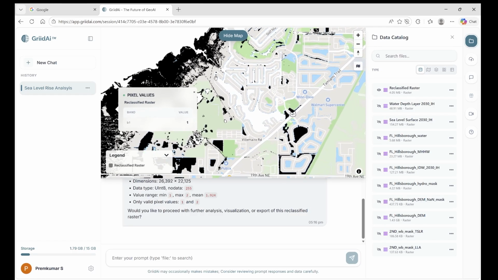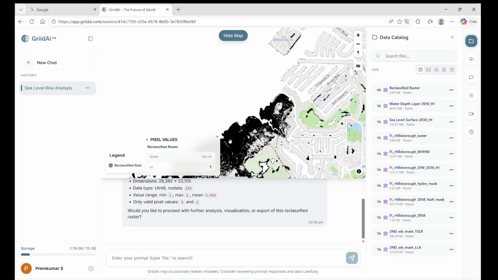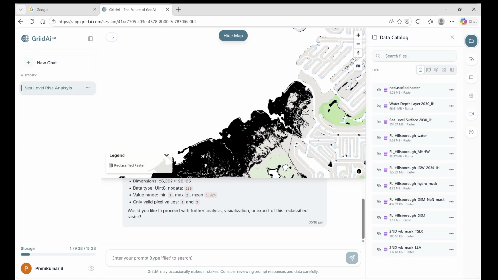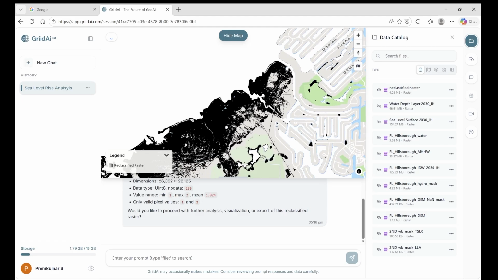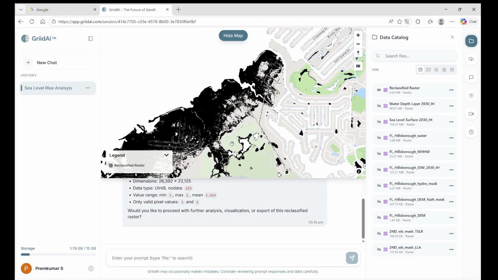So the simple logic that we are going to adopt is wherever the pixels of value 1 are closely connected to the pixels of 2, that is the sea level water, all those areas are going to be impacted because of the sea level rise by 2030.